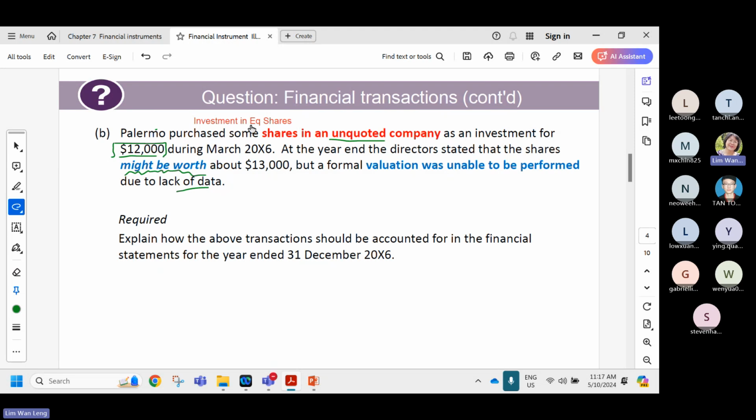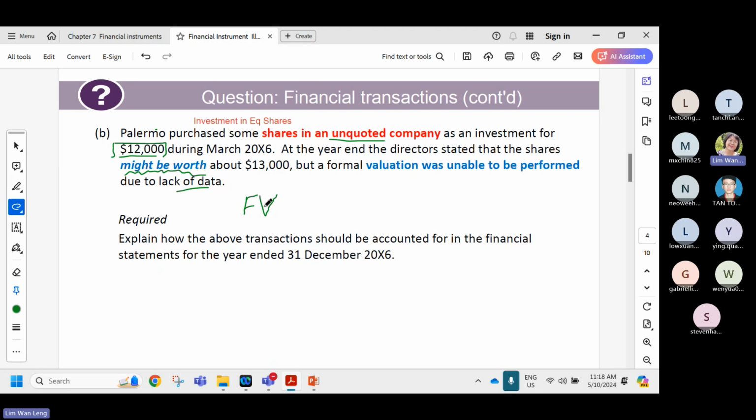Okay, so your investment in equity shares, of course, first we say all financial instruments must be initially recognized at fair value. So now we don't know whether the fair value is 13, 12, or some other figure. But what we know is that Palermo bought those investment in the equity shares for 12,000. This is already a done deal, so you know that this actually took place.